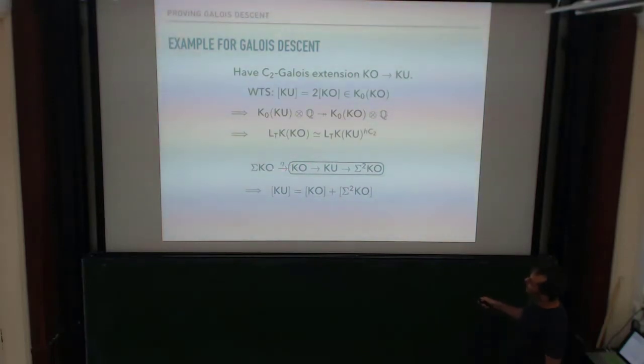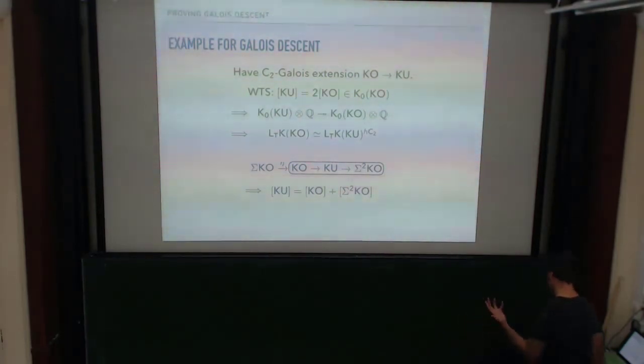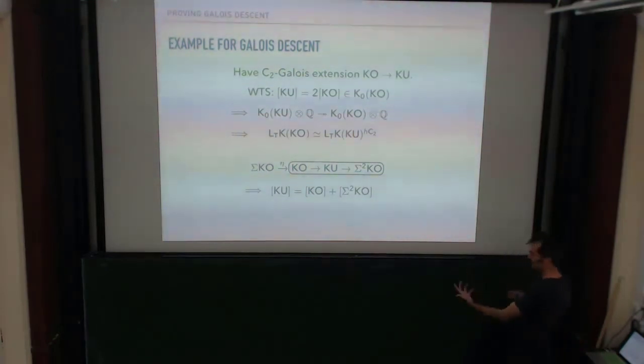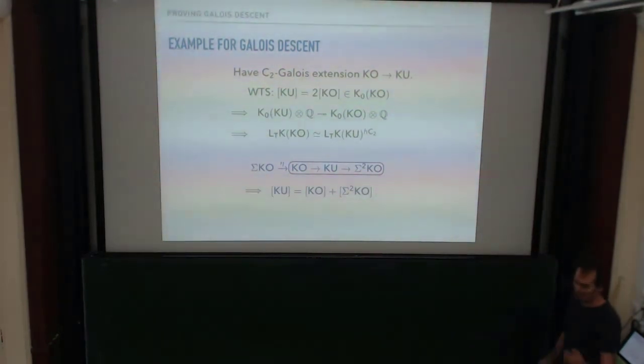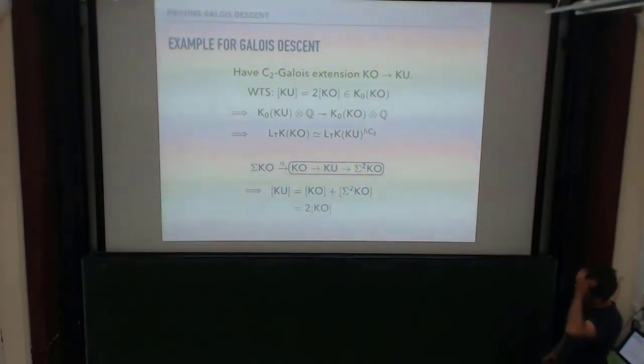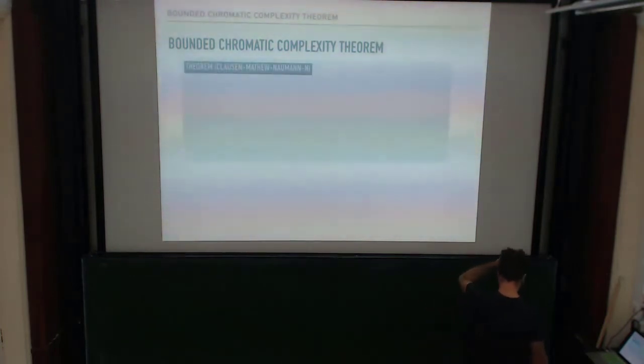And you play with the things again, and you can see that the suspension of a class is equal to minus the original class. So if you double suspend, you get back the original class. And now Ku is Ko plus Ko, which equals 2Ko. And that gives us our descent result there.